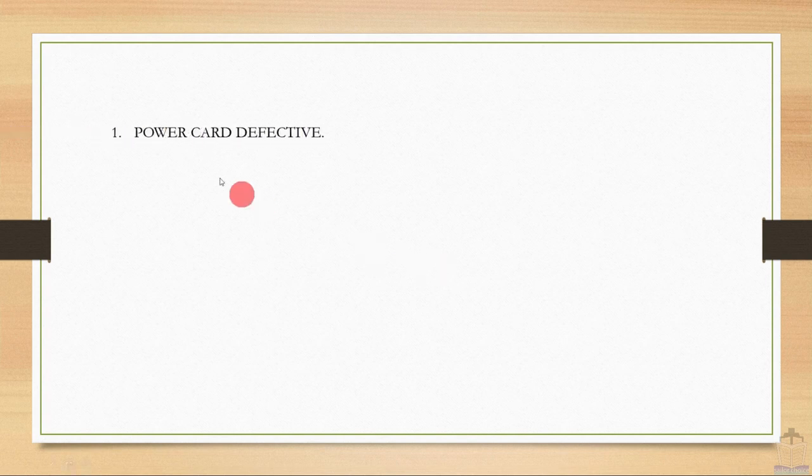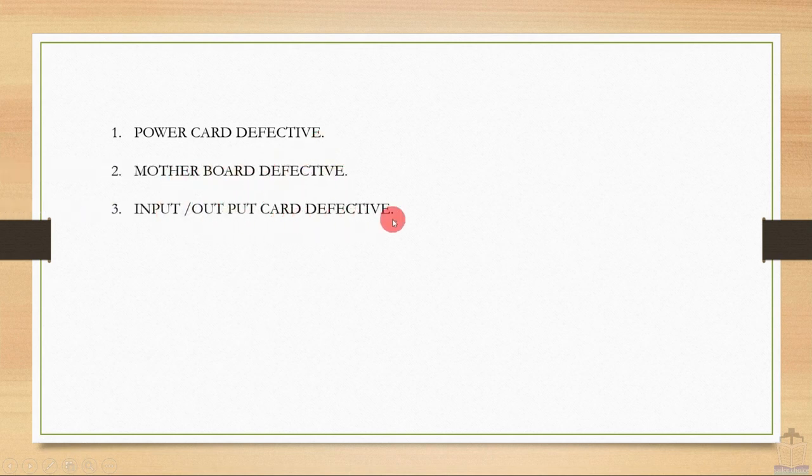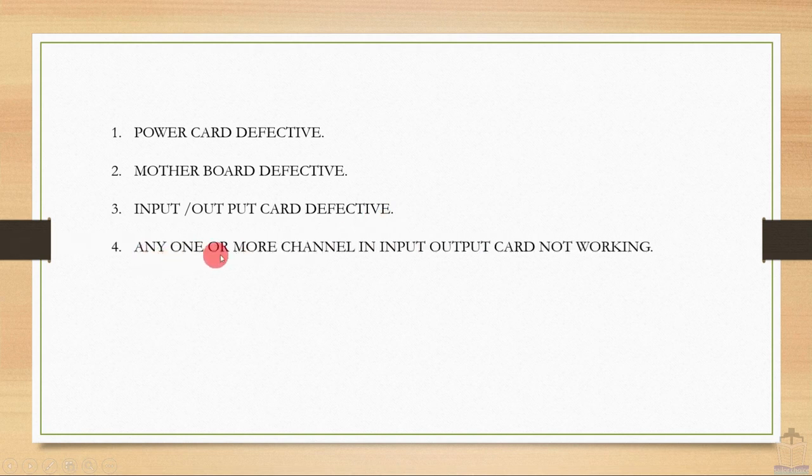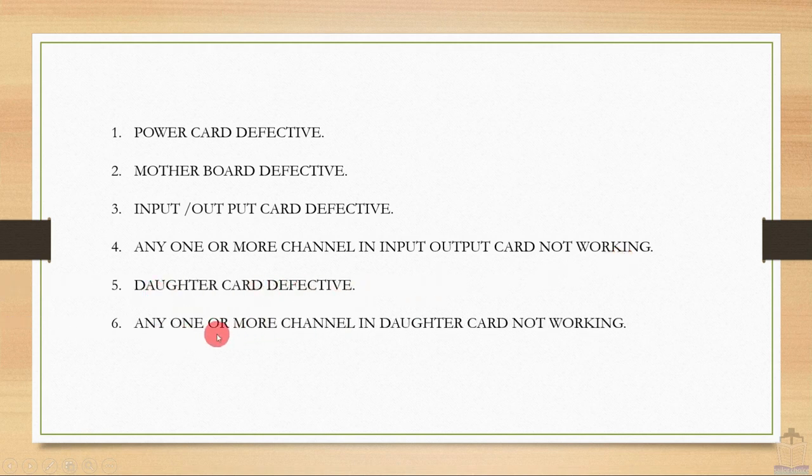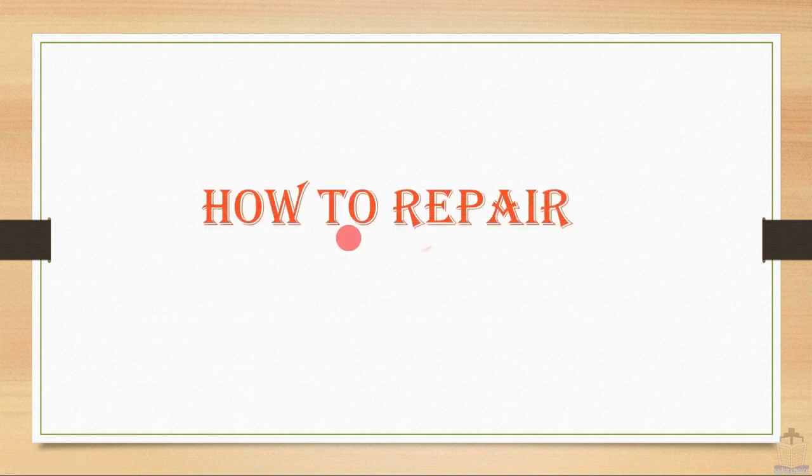For example, power card defective, motherboard defective, input output card defective, any one or more channel in input output card not working, daughter card defective, any one or more channel in daughter card not working.